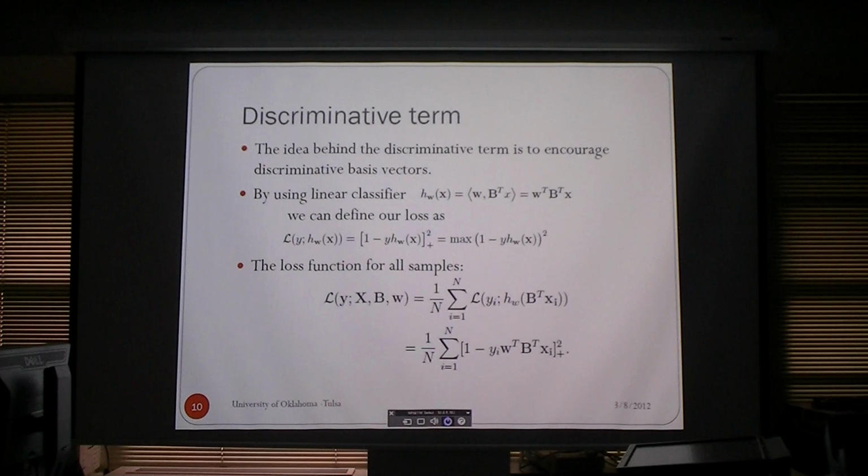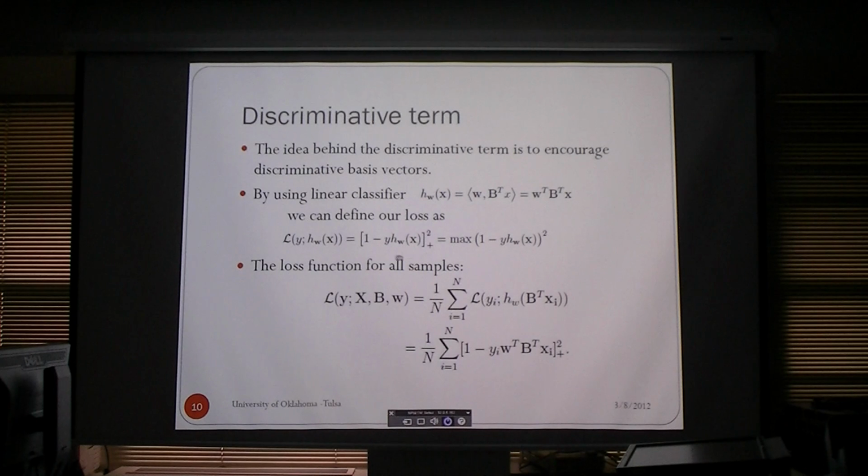If we define a linear classifier like h(W, X), which is the inner product of W and B transpose X, we can define the loss function, which is 1 minus Y, the label, times the value of the classifier.